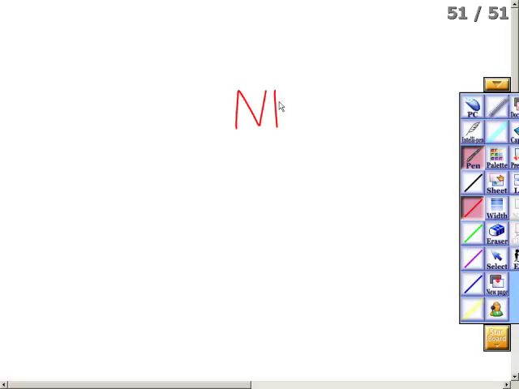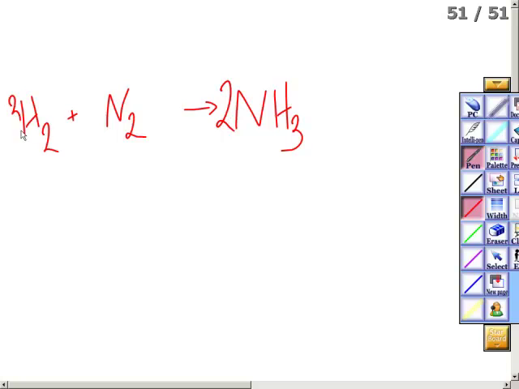So NH3 is what you are making, from hydrogen and nitrogen gas. The very first step is to make sure you balance this. The second thing is to go to your appendix and look up the quantities for all of these items. That's what I'm doing right now.